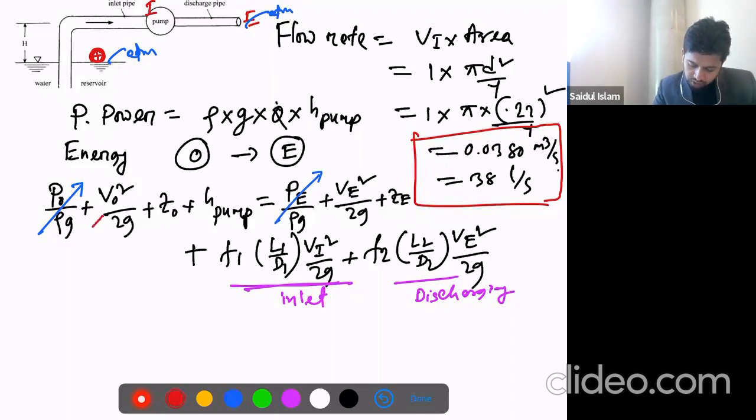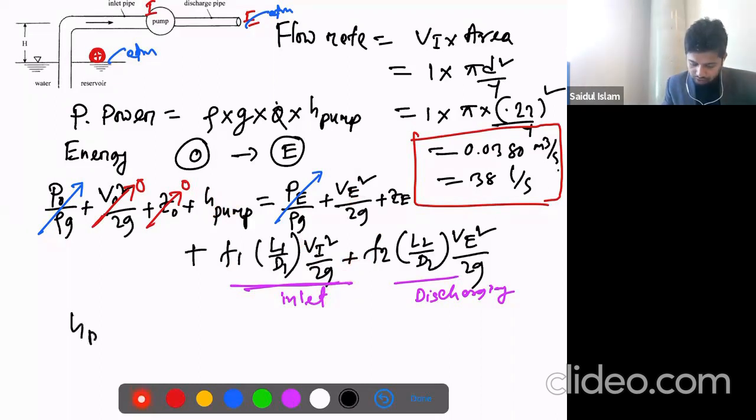The velocity is 0 here because the water is at rest here, and the elevation is also 0 here. So now we have the pump head, equal to the right-hand side.